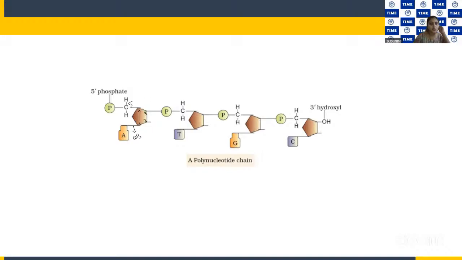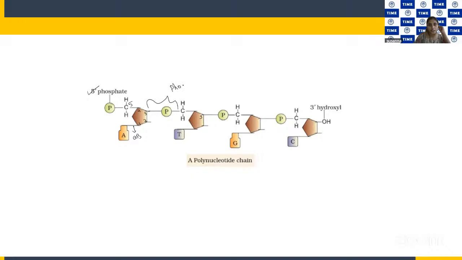Then onto the fifth carbon, we have the phosphate group, so we call it the 5' phosphate. The 3' OH group is linked again to the phosphate group of the second deoxyribonucleotide. That's the third carbon, right? The 3' OH group is linked through a phosphodiester linkage to the fifth carbon of the next nucleotide.